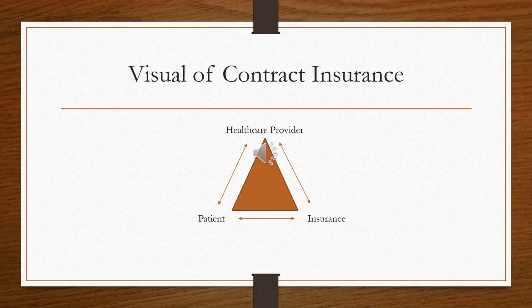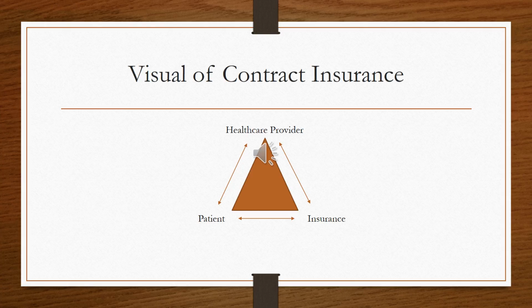And the insurance company agrees to refer patients in many situations and abide by the terms and conditions and pay the provider directly and respond to claim status and eligibility. So all the parties in this contract insurance scenario are contractually engaged with each other and have obligations to each other.